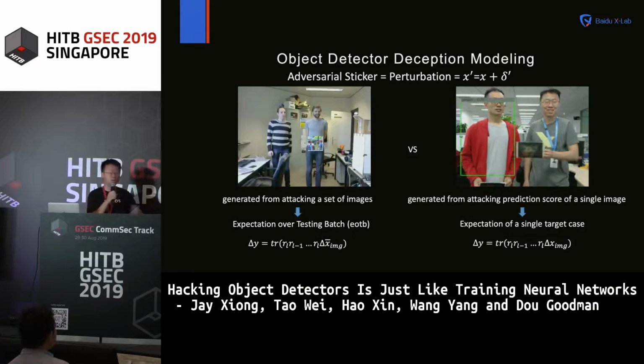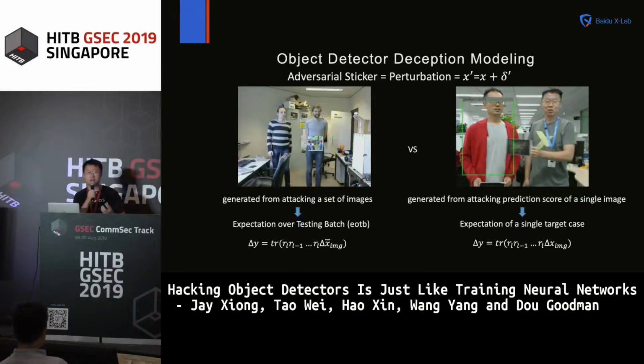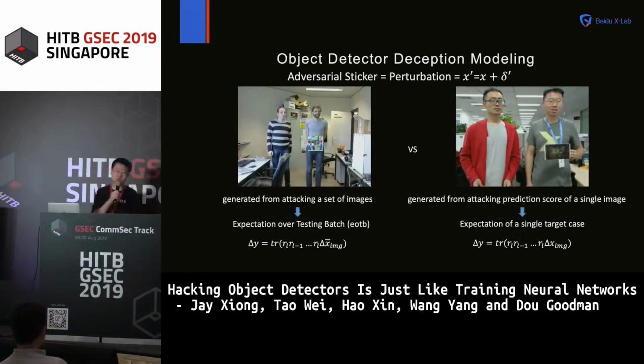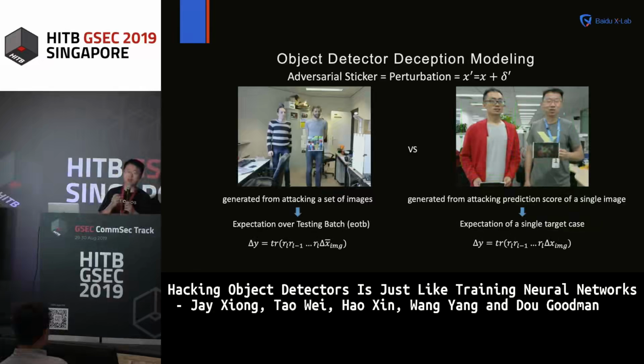The perturbation is generated under this assumption. Versus the other work, they only attack from a single image, and they use that perturbation as a tool to fool the object detector. So there are some differences in how they got the sticker.